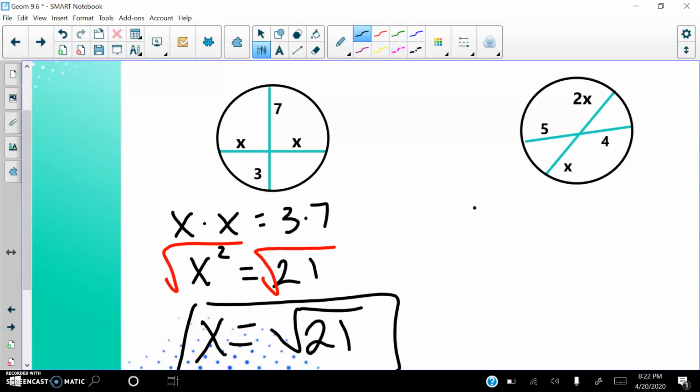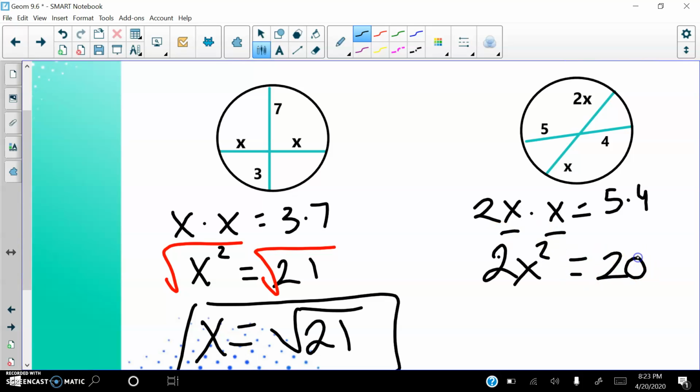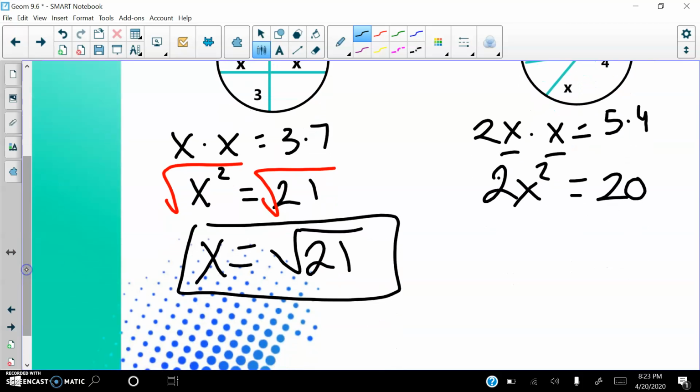So for this one, I got 2x times x equals 5 times 4. So I get 2x squared, because x times x is x squared, equals 20. And I need to get x squared by itself before I can square root both sides. So I'm going to divide both sides by 2.